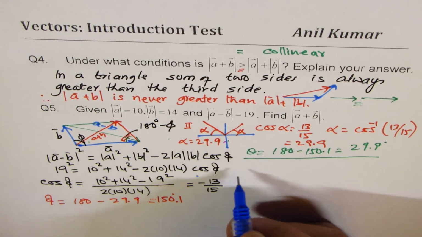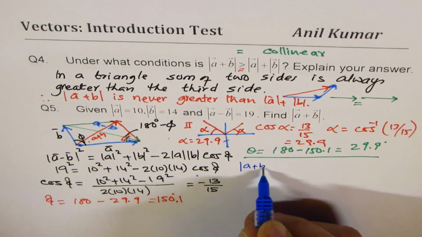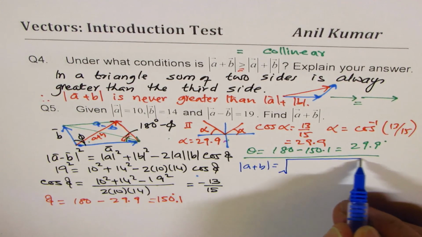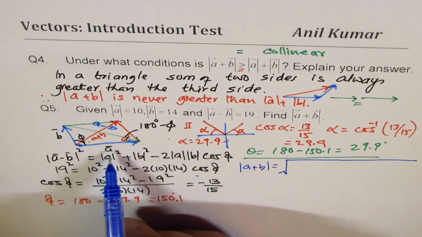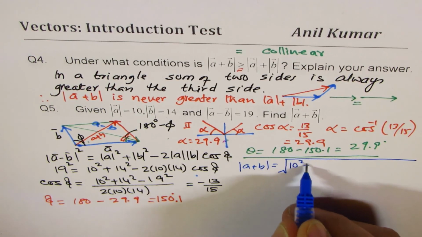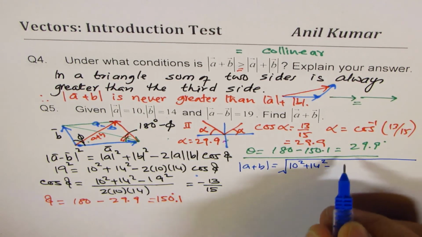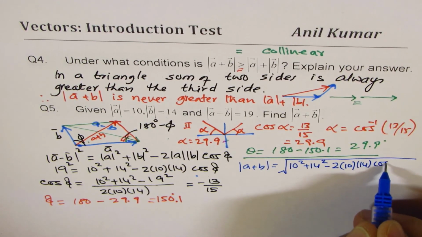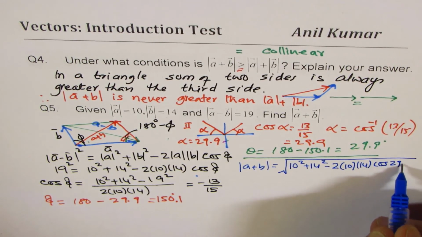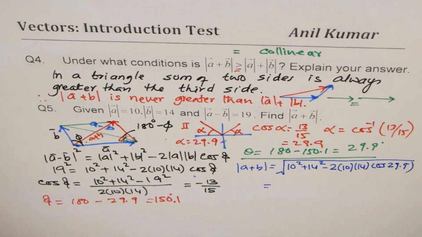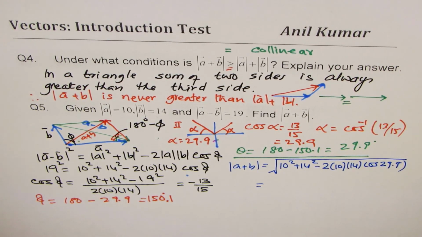Perfect. So we can say the magnitude of a plus b is equal to the square root of, let me write it down directly, a square, which is 10 square, plus 14 square minus 2 times 10 times 14 times cos of 29.9 degrees, correct? So that gives you the magnitude. So let's calculate.